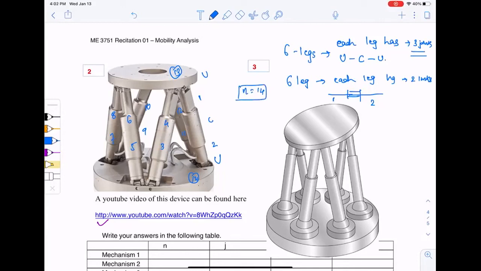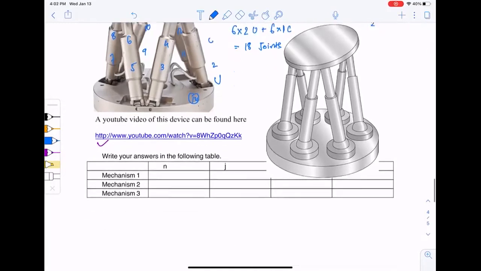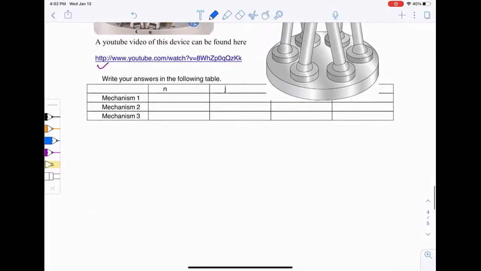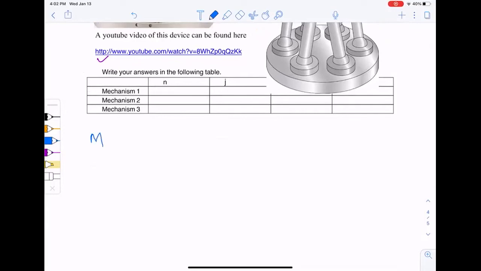As I already explained, each leg has 3 joints. So we have total 6 into 2 U joints plus 6 into 1 cylindrical joint. So we have total 18 joints in this case. As we do not have space, we'll make some space over here and we can calculate the degrees of freedom. As we know, the formula is n minus 1 minus j plus sigma fi, i goes from 1 to j.